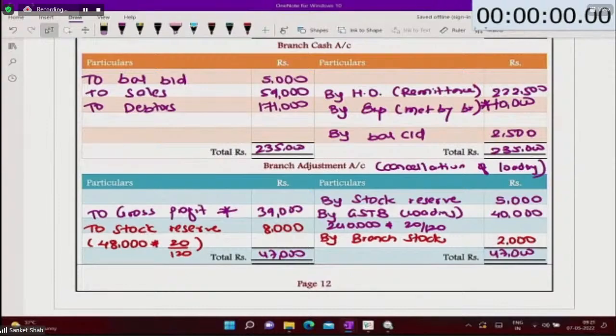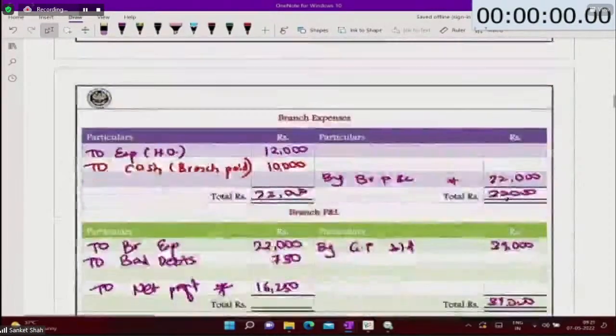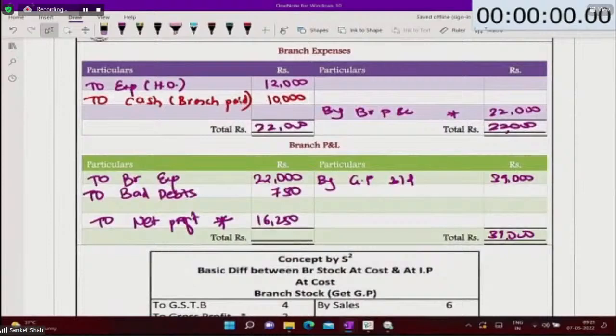It's not like your first session. Now you got the concept of loading and unrealized profit, where to cancel it in branch adjustment account. Yes. Now it's easy na beta, branch adjustment. Do practice. Today also you solve this question once again to have grip over all these questions. Yes.